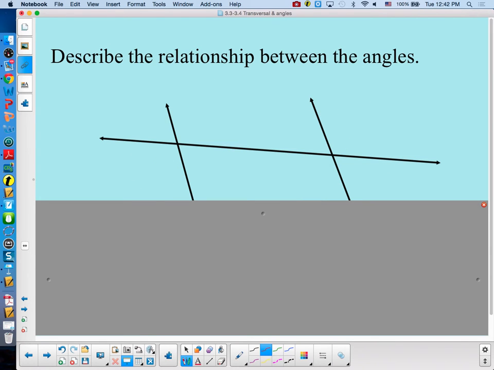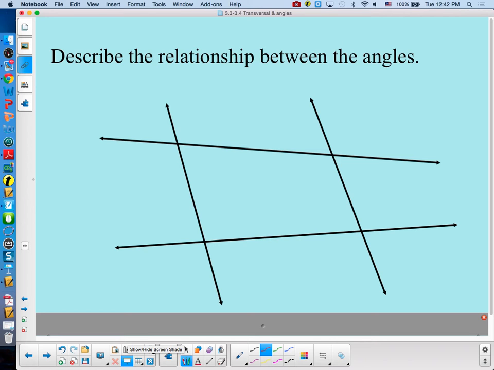It is a little bit harder when there's multiple lines there. Let's go with a 5 and a 7.